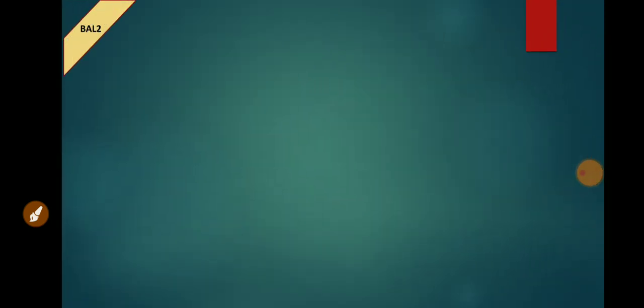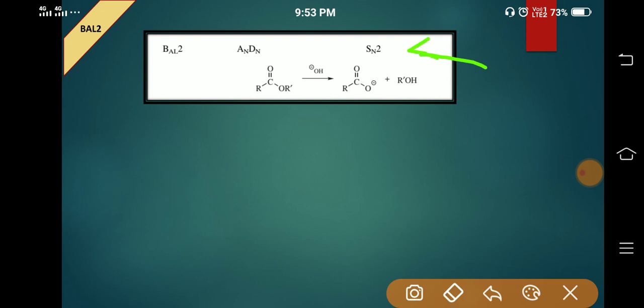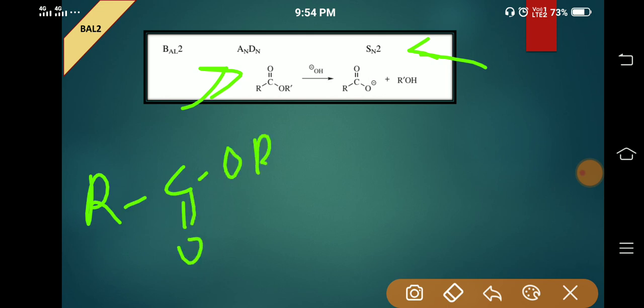Next, last mechanism of ester hydrolysis is BAL2 type of mechanism, that is base catalyzed alkyl cleavage bimolecular, that can proceed via SN2 type of mechanism. And IUPAC nomenclature for it is AN plus DN, association of nucleophile, dissociation of nucleophile. Ester with base leads to the SN2 type of attack.